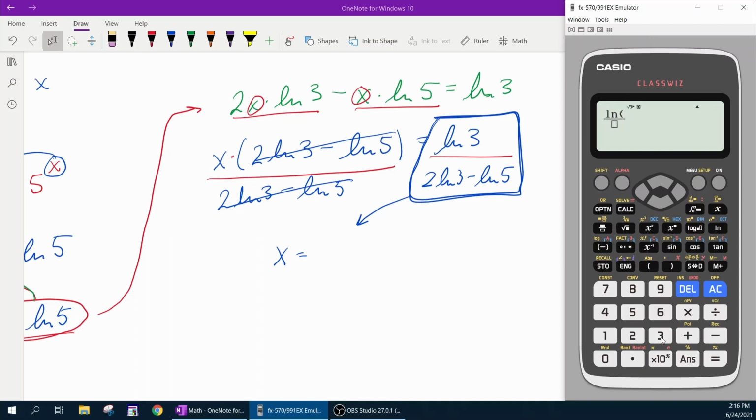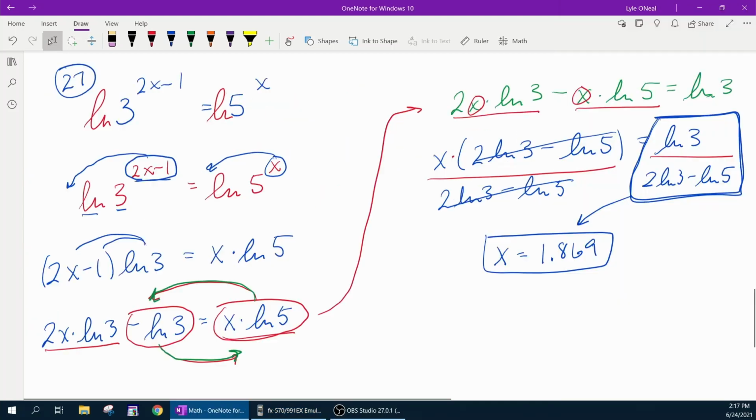We need natural log of 3, close parenthesis, divided by 2 natural log of 3, close parenthesis, minus natural log of 5, and then equals, and we're going to round that to the nearest 3 decimal places. Tenths, hundredths, thousandths, 1.869. And that should be our answer rounded to the nearest thousandth.